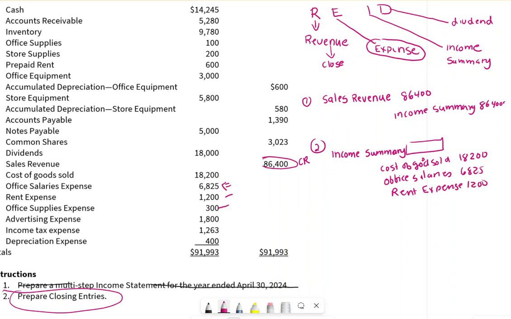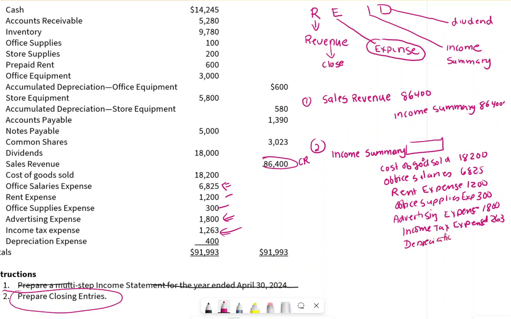We have office supplies. Advertising. You have to call out what the name of the account is. In this case, it's 18,000. We have income tax. And then we have depreciation.